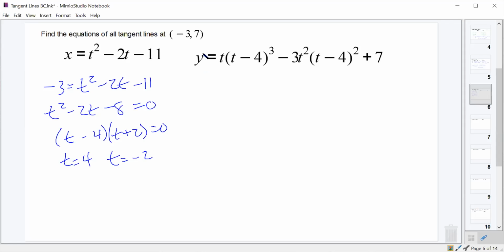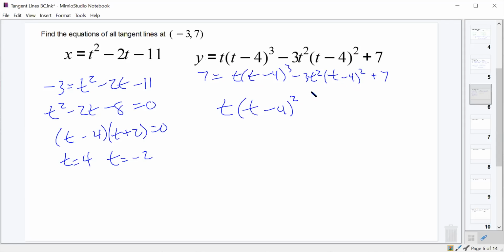And then on the other side, if we set that equal to 7, we can cancel out the 7s. And if we factor out the t times the t minus 4 squared, we end up with t minus 4 minus 3t. All of those equal 0.